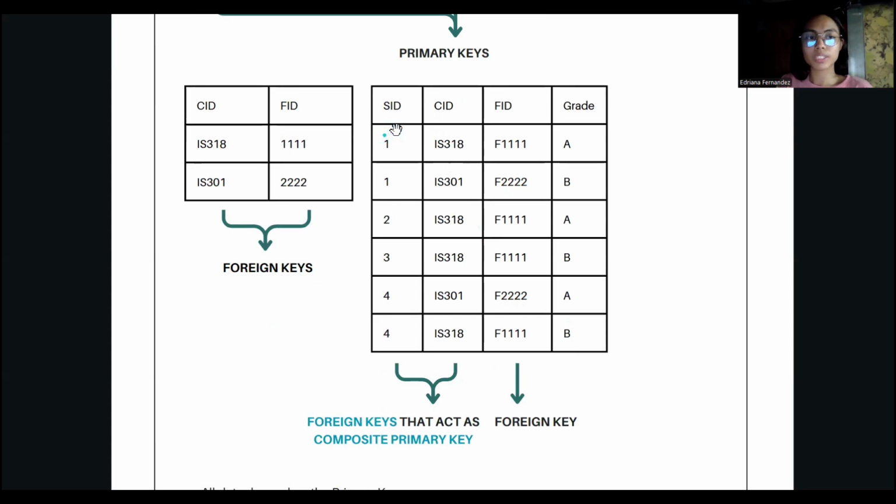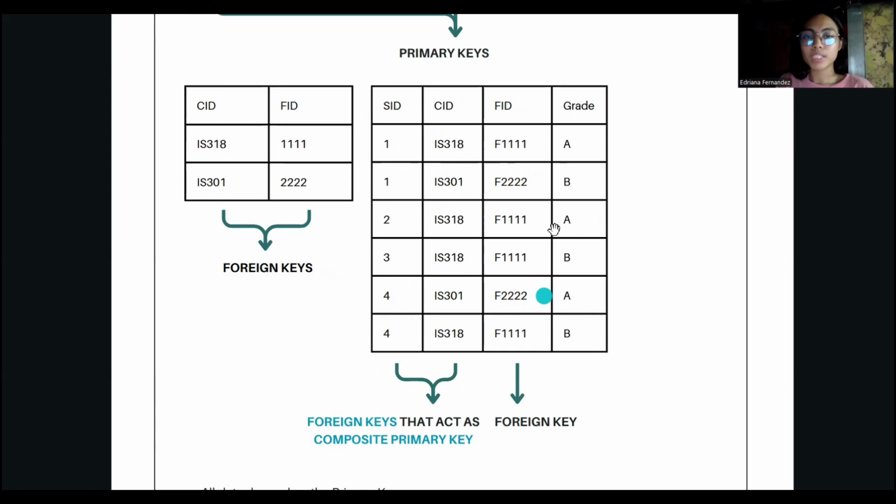Now we have here the non-key attribute, the grade, where this grade depends on the assigned course, and with the assigned faculty in that specific course, and that faculty will be the one to give the grade to the assigned student.